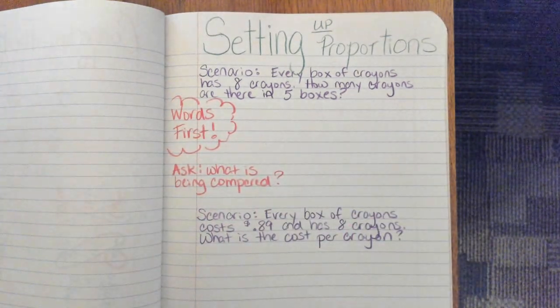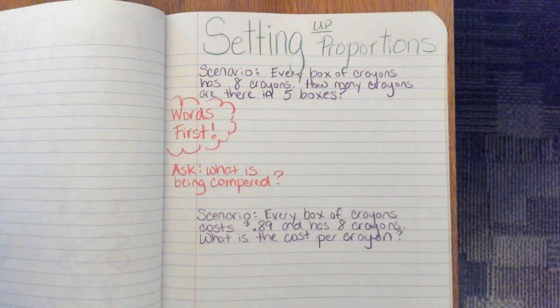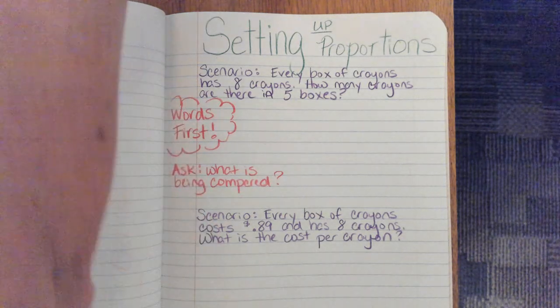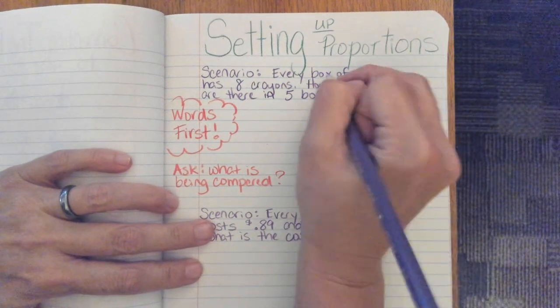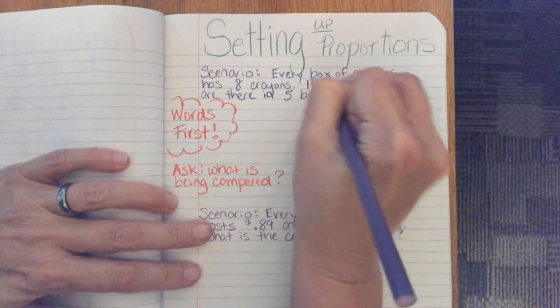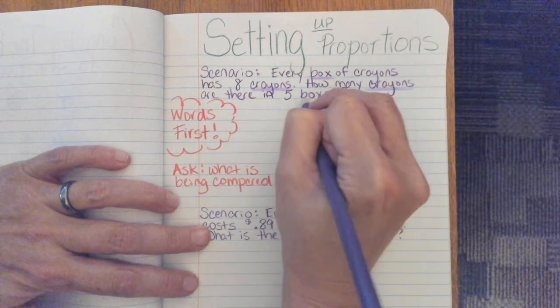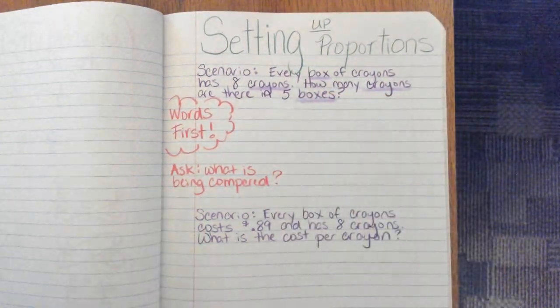So in my first example, every box of crayons has 8 crayons. How many crayons are there in 5 boxes? Well, it's the things in your problem. Every box has 8 crayons. How many crayons are in 5 boxes?